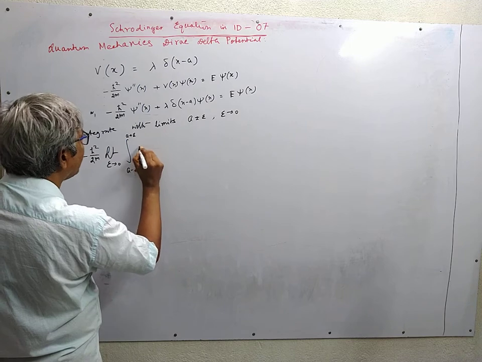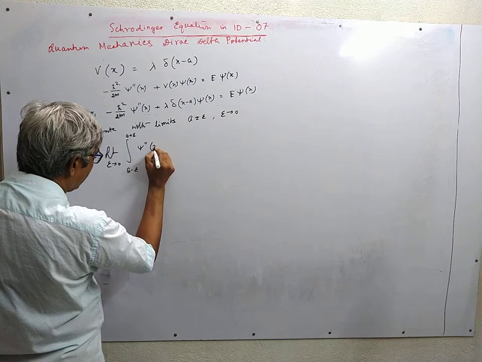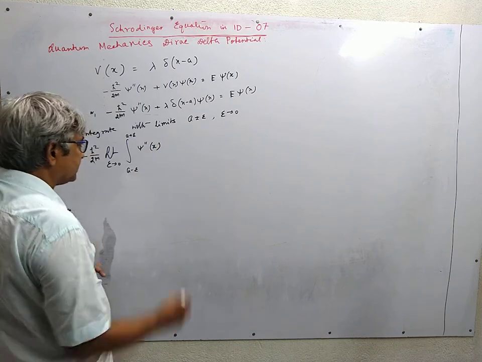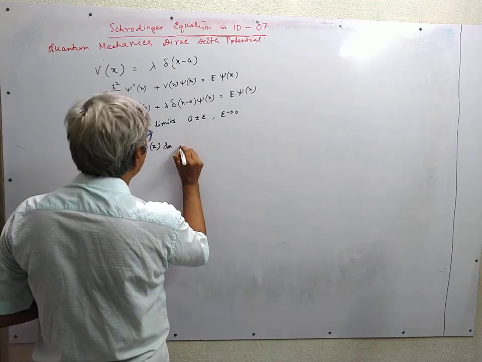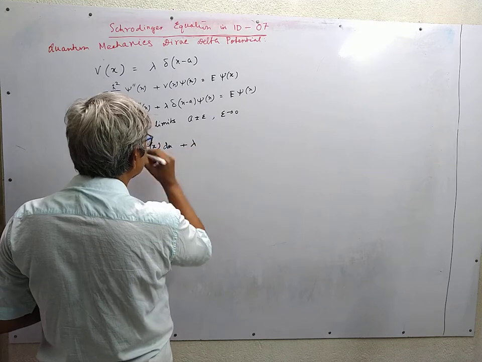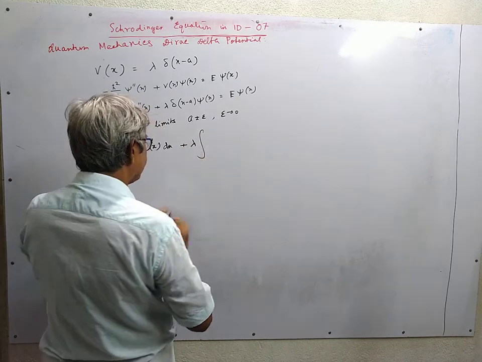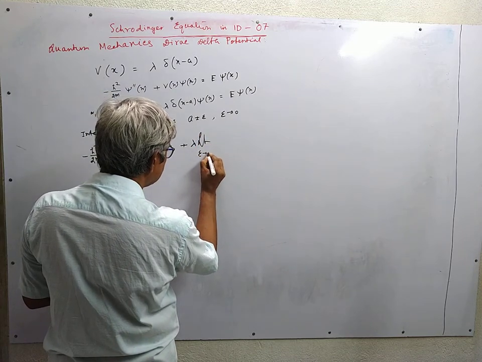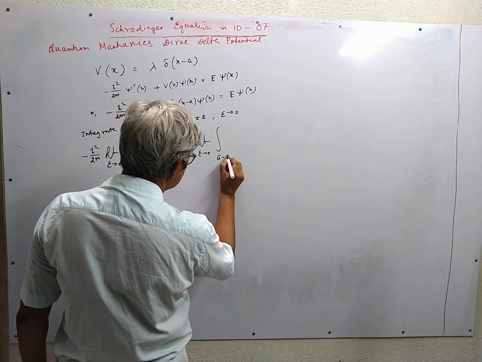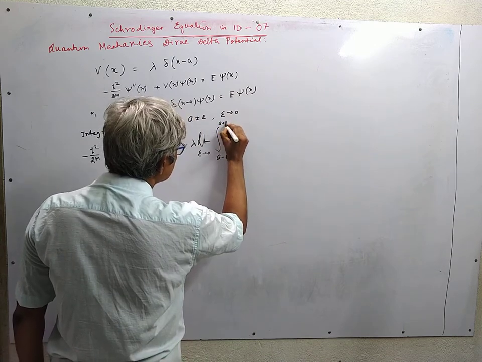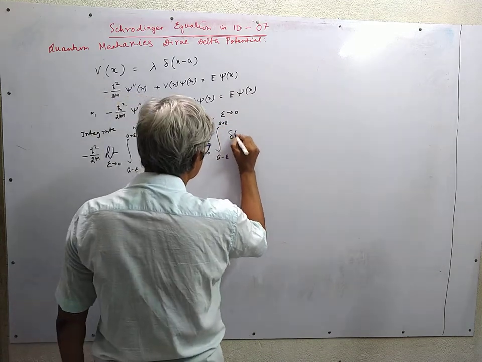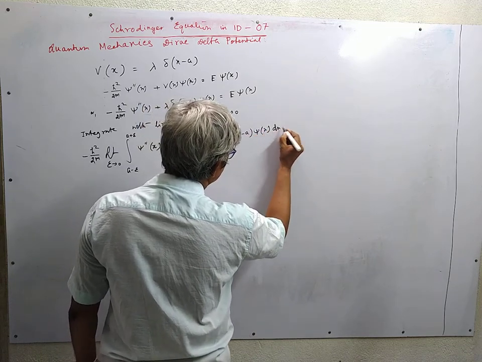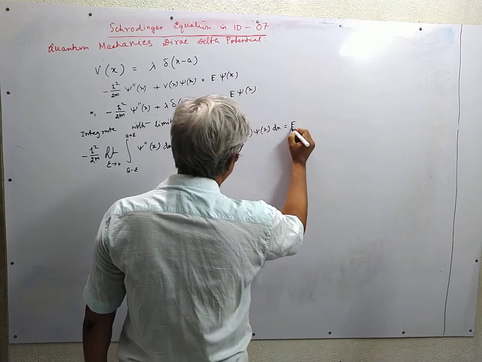So we are performing integration just around the delta well, the point of infinite discontinuity in the potential, plus lambda being a constant going out, and E being a constant.